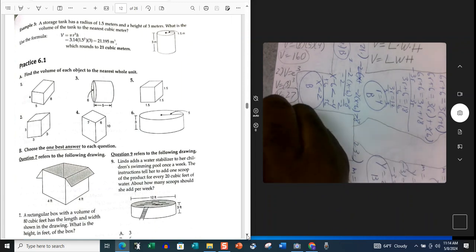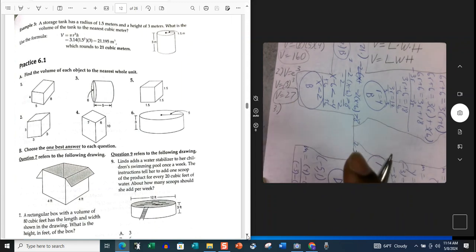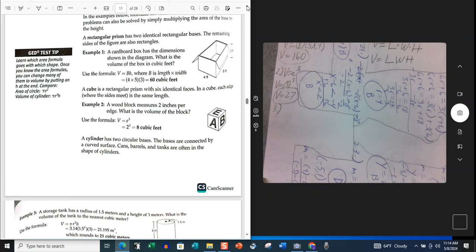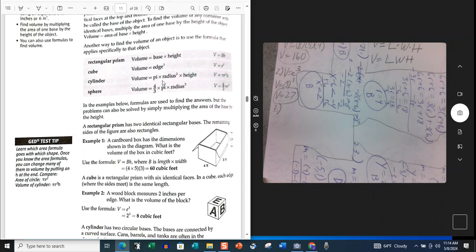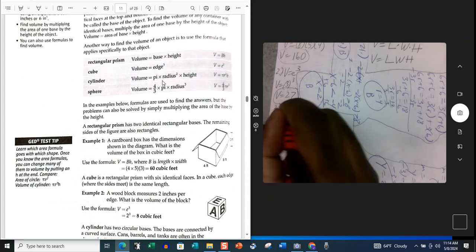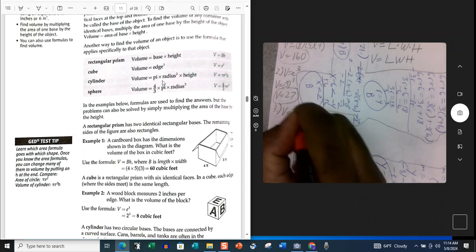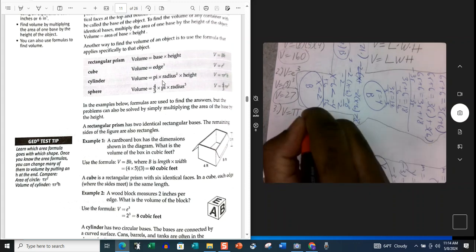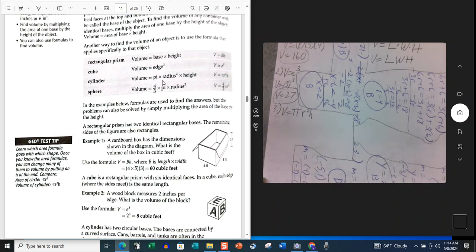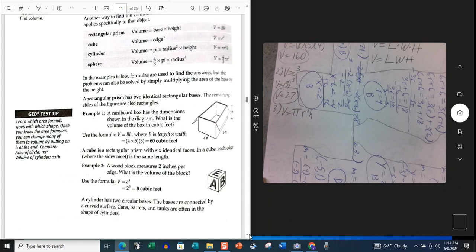Okay, problem number 3. We have the volume of a cylinder. If we go back here, we look at the volume of the cylinder. The volume is equal to pi times the radius squared times the height. That is the volume of a cylinder.